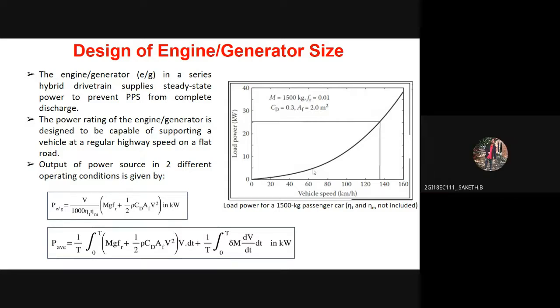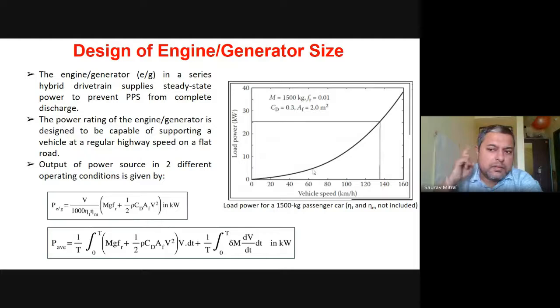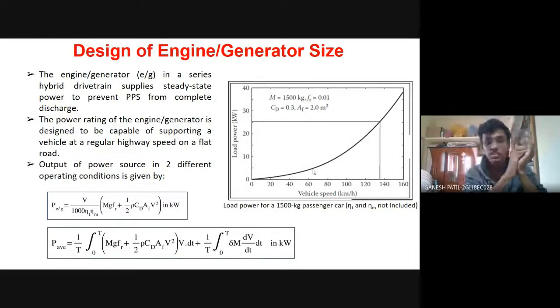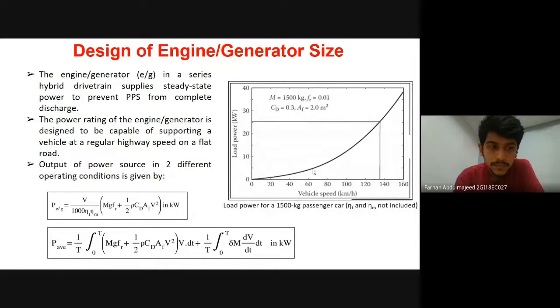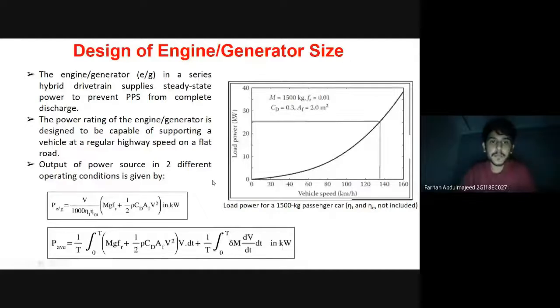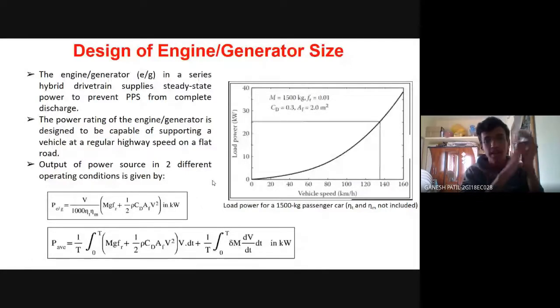So when we are designing an engine generator, in a series hybrid electric vehicle, the engine is not directly coupled with the transmission. In the drivetrain, the engine is not directly coupled to the transmission.